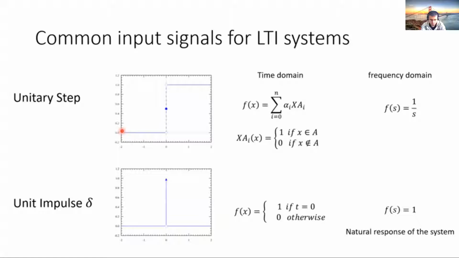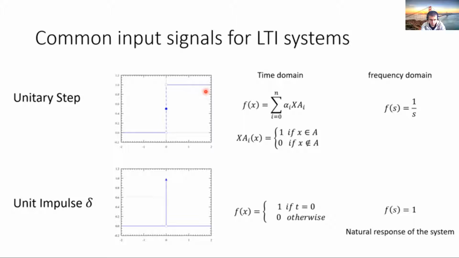The unitary step for us will represent the sudden change in the input of a system. For example, if we are driving our car and we push the gas, this step represents the moment that we push the gas. So we go from one state to another for the input, and that sudden change is going to represent the dynamic behavior of our system, how the system behaves jumping from one state to another, which is its response.